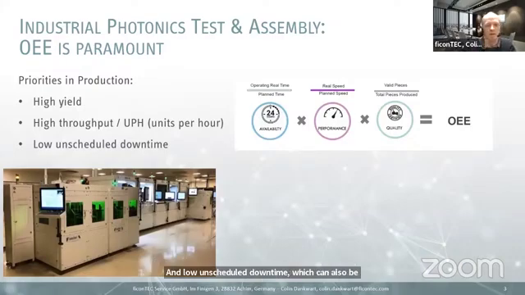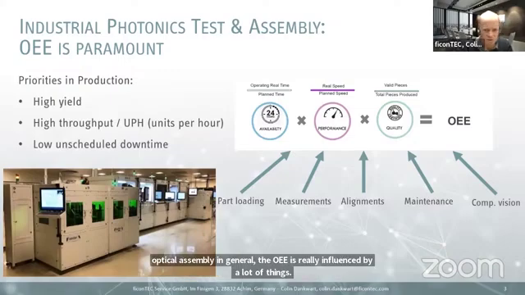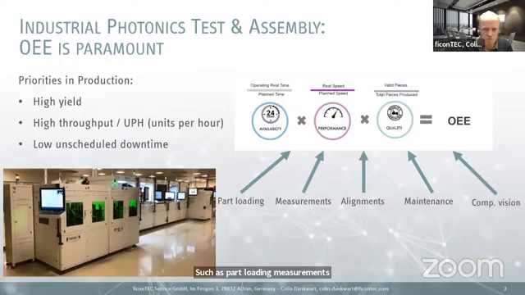And in optical assembly in general, the OEE is really influenced by a lot of things, such as part loading, measurements that are made on the machines, alignments, the maintenance of the machine, and computer vision routines.